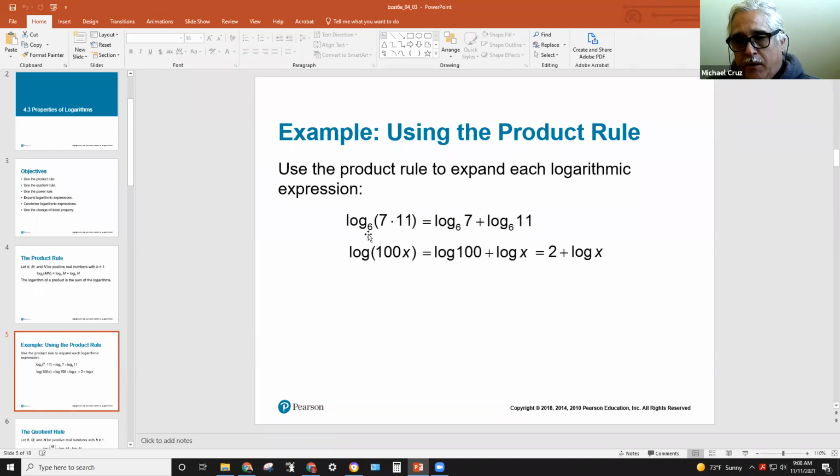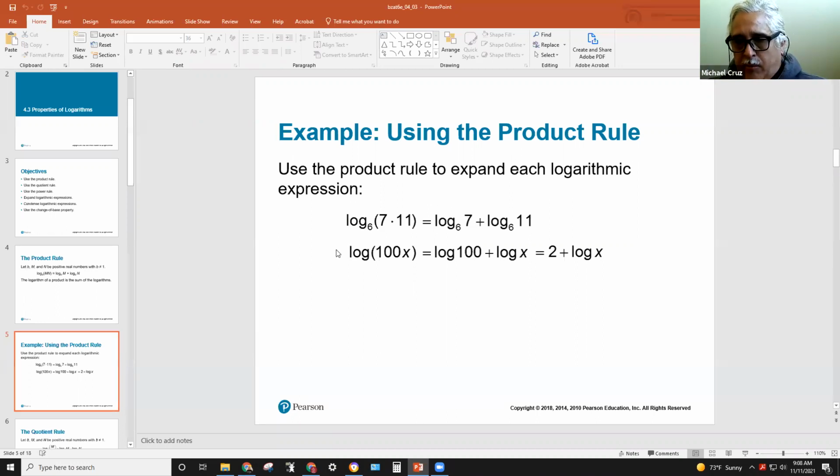It says log base 6 of 7 times 11, and they're purposely taking two numbers and multiplying them. That shows we can break it up into the log base 6 of 7 plus the log base 6 of 11. Because they're being multiplied, we can break them apart as addition.